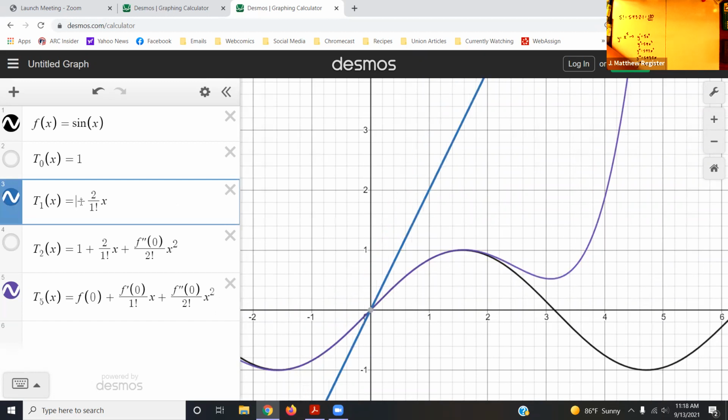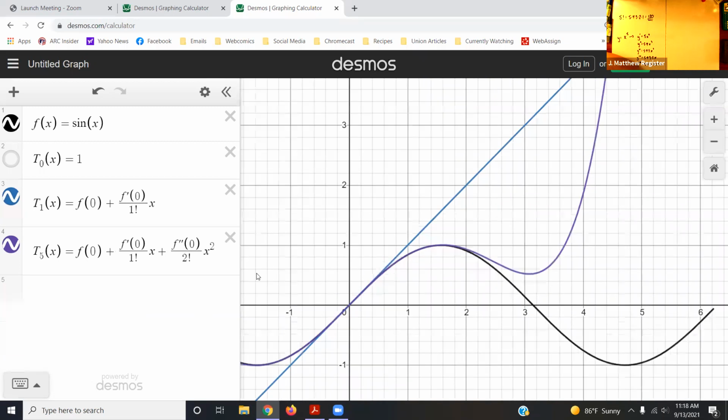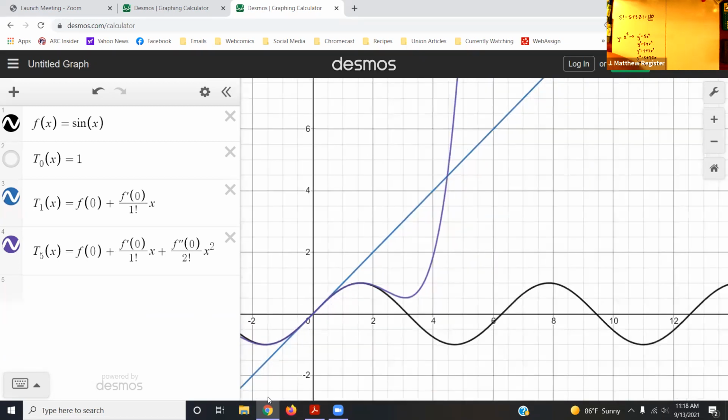And this should be f of 0. And this should be f prime of 0. And so this graph now is comparing the original function, which is in black, to the linearization, which is in blue, to the 5th degree Taylor polynomial, which is in purple.